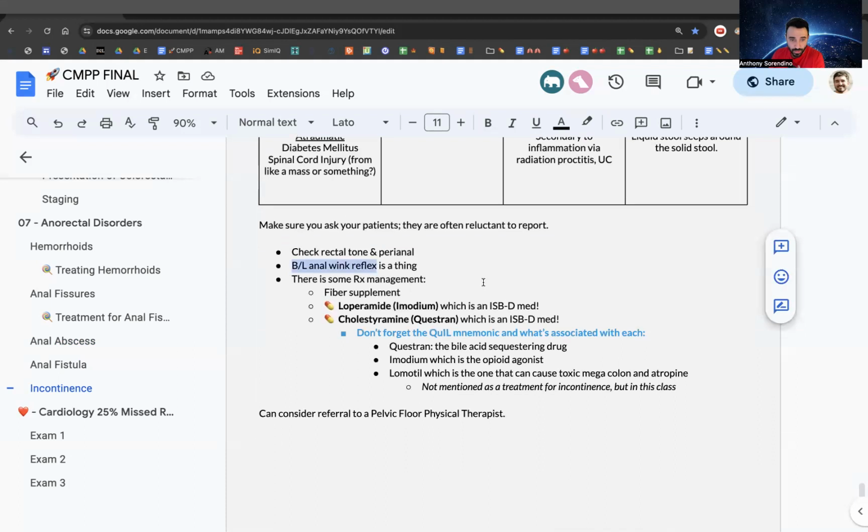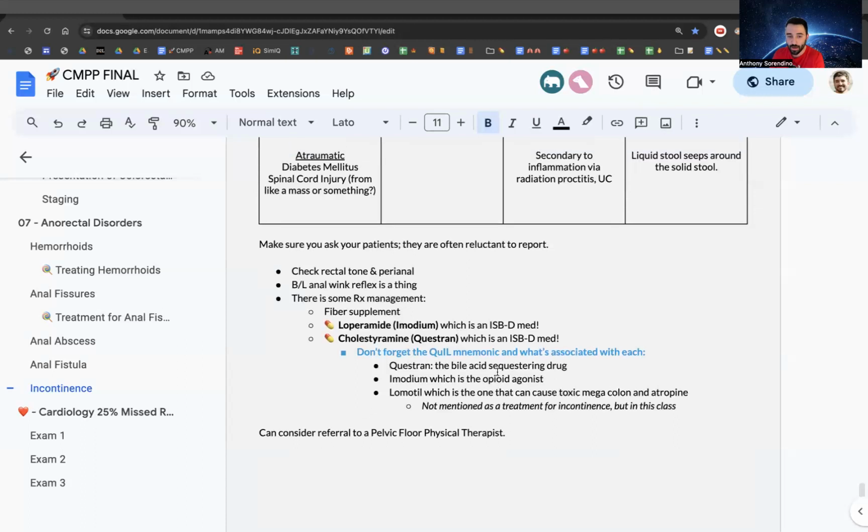You can do a fiber supplement. So you can do loperamide, Imodium, or cholestyramine, Questran. I'll go back and go through these mnemonics because I kind of glossed over those, but I have that quill mnemonic. So Questran and Imodium, these are going to be in the IBS-D category. What's not going to be here is Lomotil, so that's not listed here. But Questran, which is the bile acid sequestrant, and Imodium, which is that opioid agonist, can be used for, what are we even talking about?